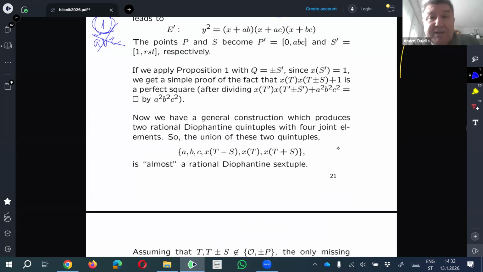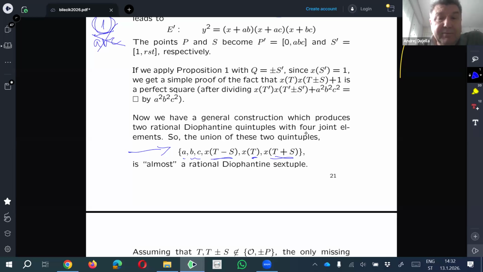But this is not just to explain a previous result, it is to obtain a new result. Namely, consider now this structure, these 6 elements. We started with some A, B, C, then we have point T, which is good. We have points T minus S and T plus S, which are good. But the question is, is it really a sextuple?